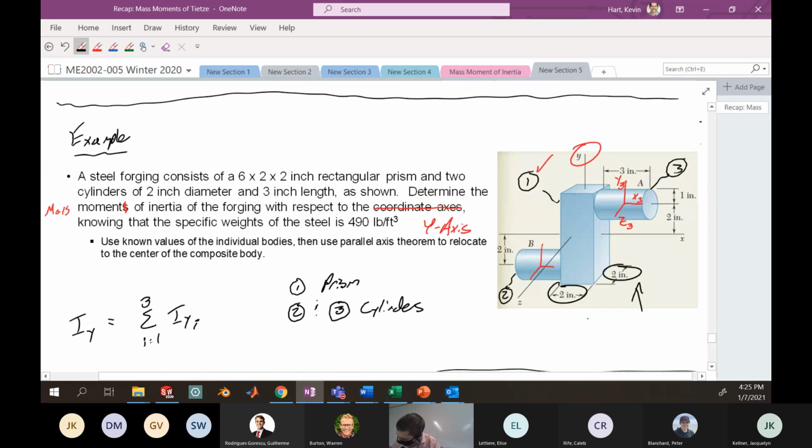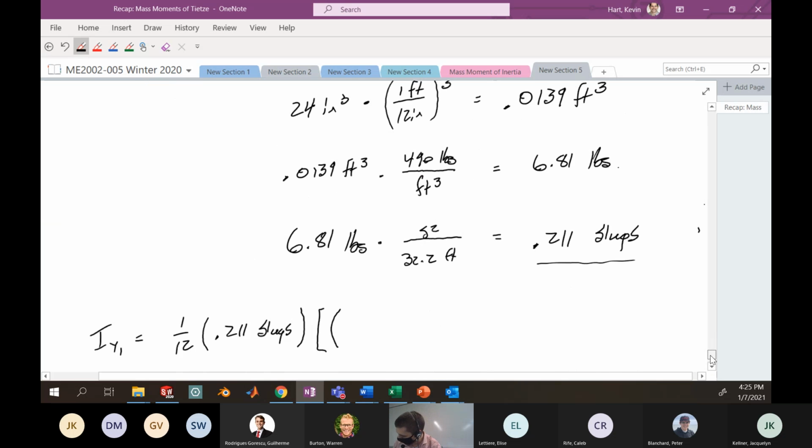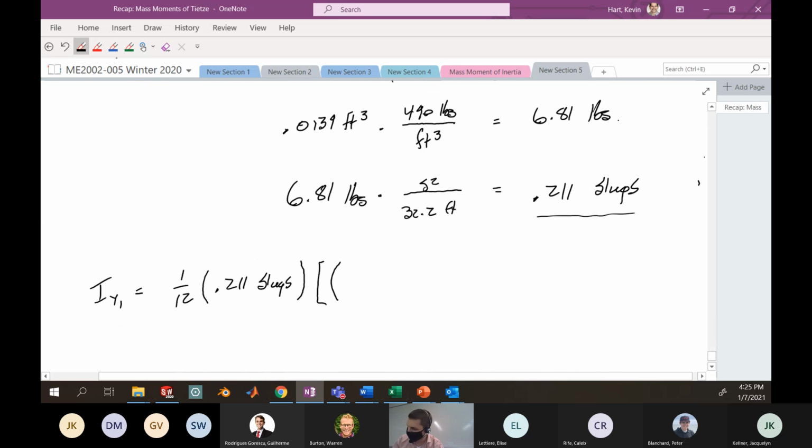Here, the cross-section associated with this area is 2 by 2. I'm going to have to convert to feet as I move through, because for the unit slugs we use the gravitational conversion with feet.